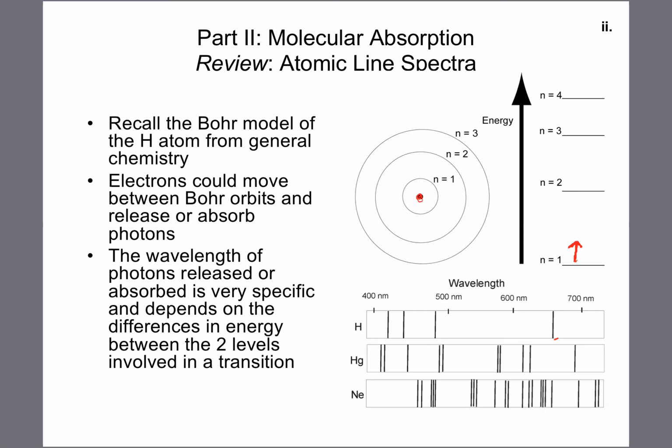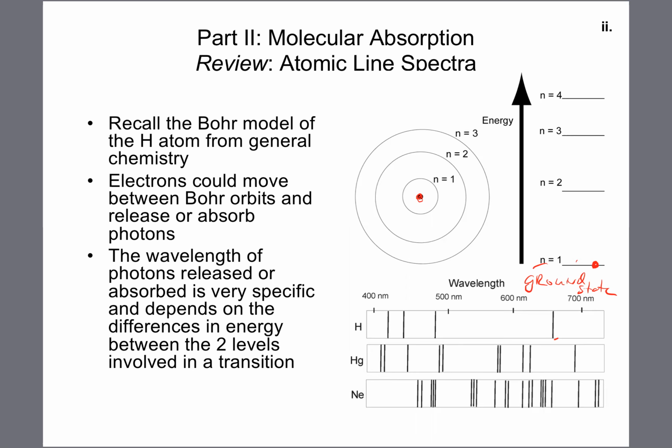That's closest to the nucleus, right? But with that said, we can move that electron between orbitals, but that process wasn't free, right? So maybe the electron starts out in n equals 1. We're going to call that the ground state, the lowest energy state, okay? So the electron starts out in n equals 1.